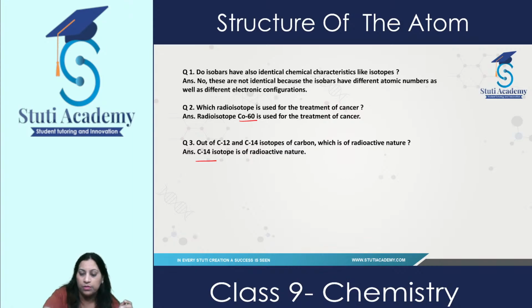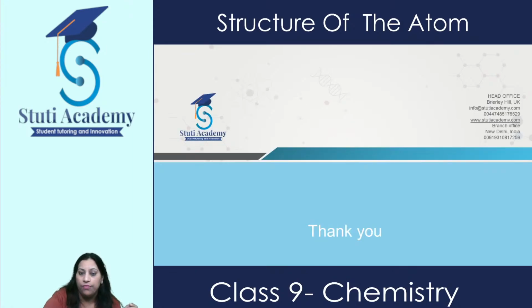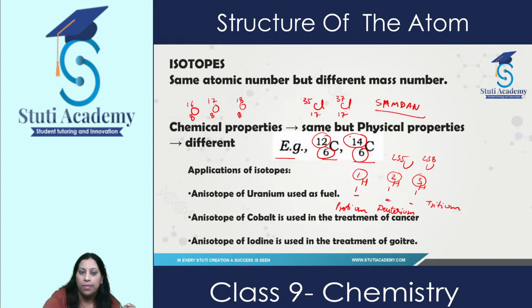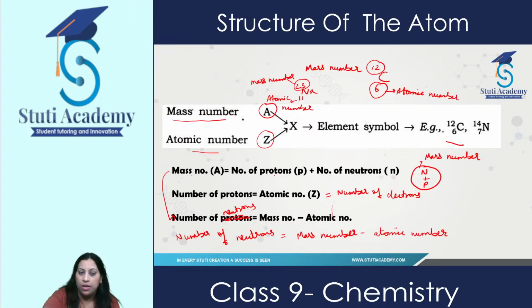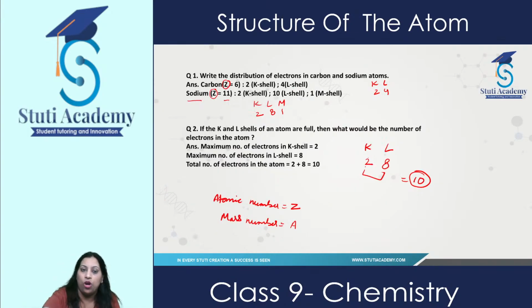This is the end of the chapter now, and we have done these topics today. Please revise all the topics which we have covered so far, and as I told you, learn the entire table in which the atomic number is given.